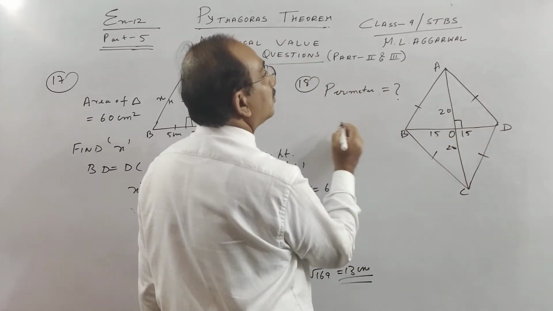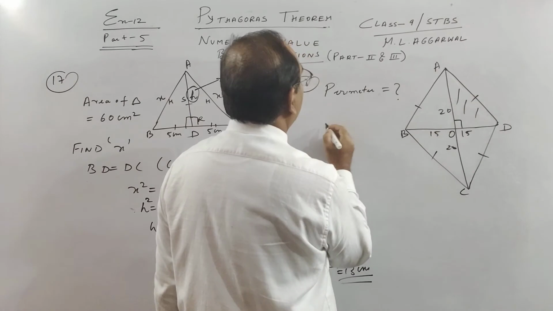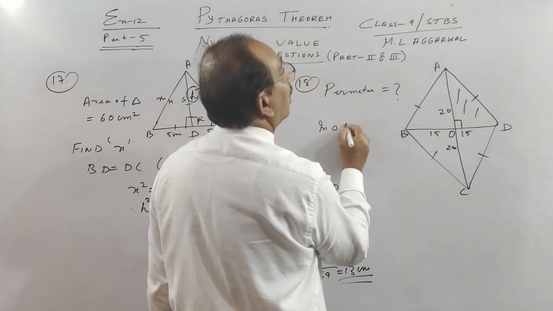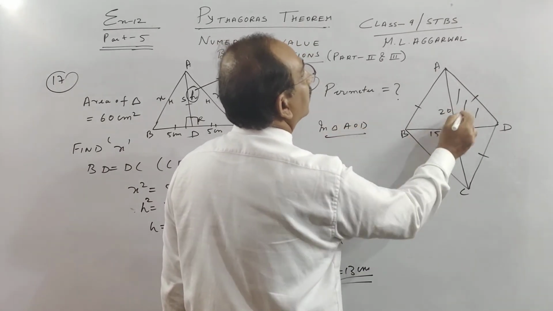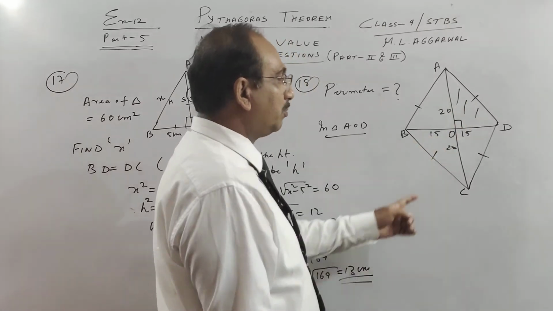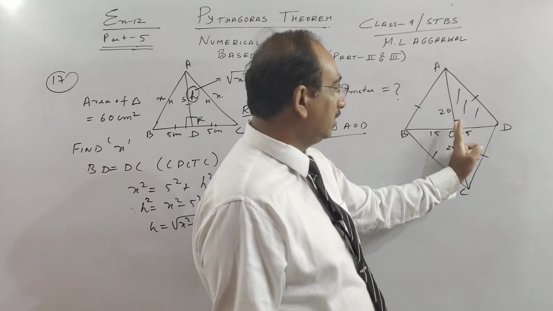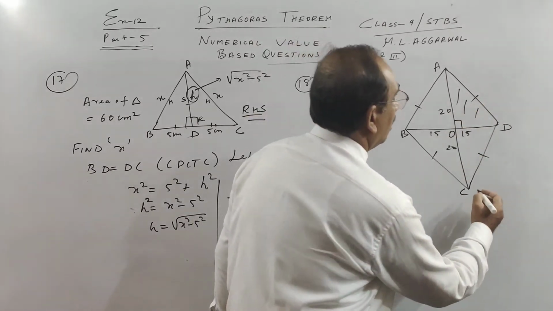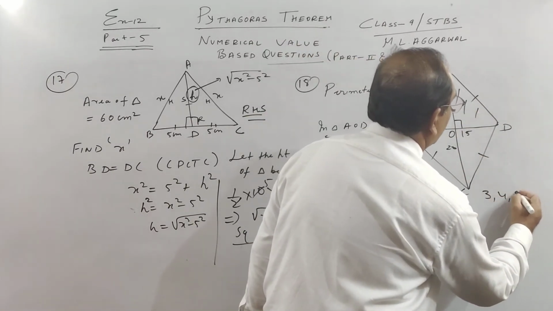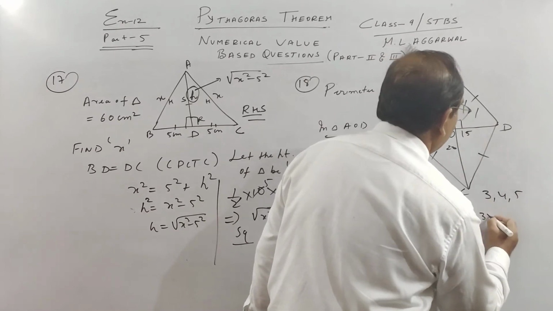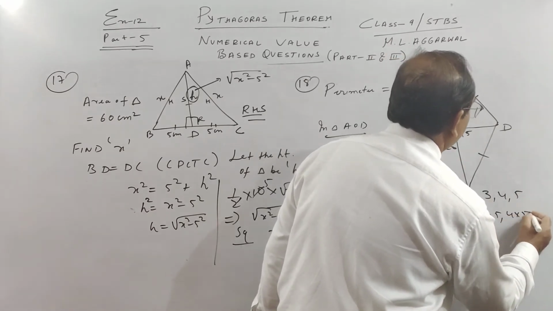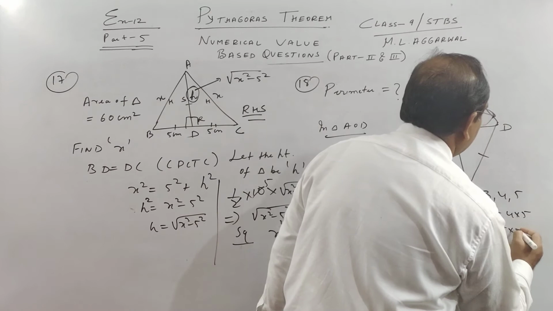So finally, if you take one triangle, children, in triangle AOD, again if you use Pythagoras triplet, this is 3, 4, 5 that you will see. This is a multiple of 3, 4, 5. I have taught you 3, 4, 5 in the first video. So this side is 5 times, this side is 5 times, the last side is 5 times.